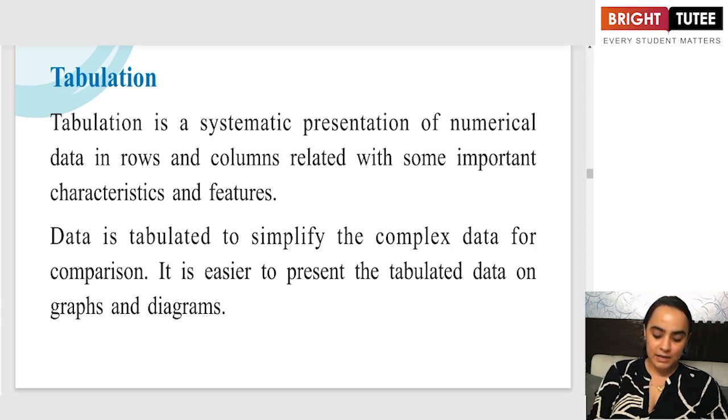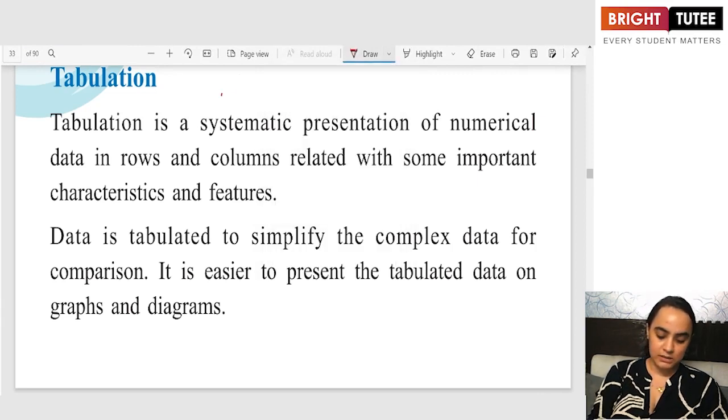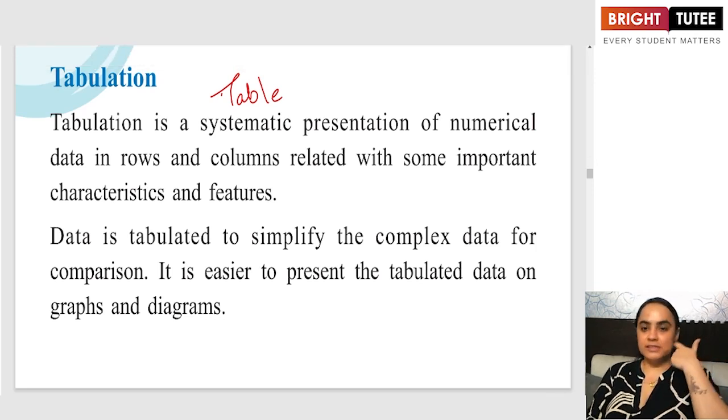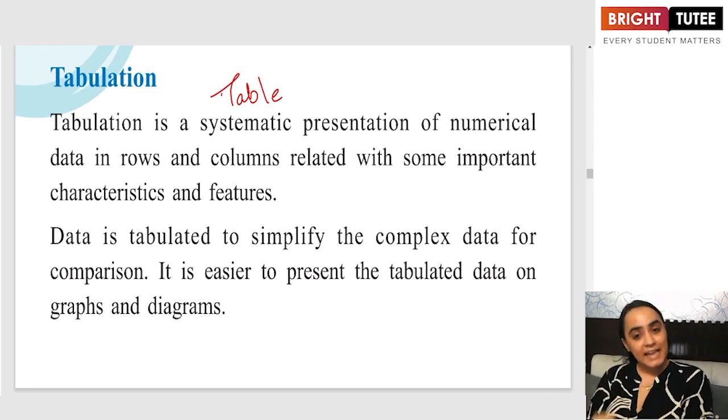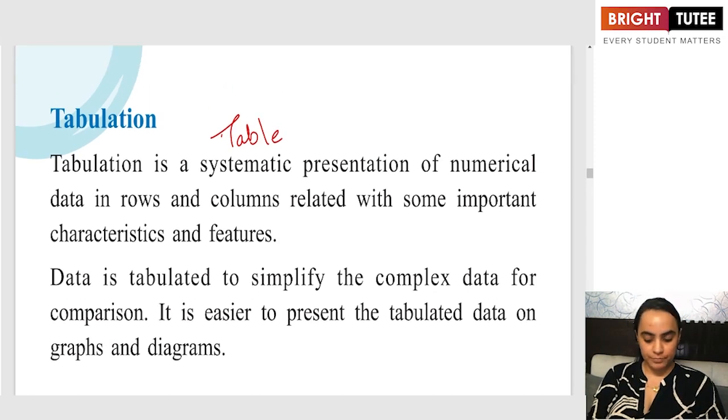Now, as the name suggests, the word tabulation is basically derived from the word table. So, tabulation is that method in which the numerical data is arranged, is presented in the form of a table. What does the table have? It has proper rows, it has proper columns.